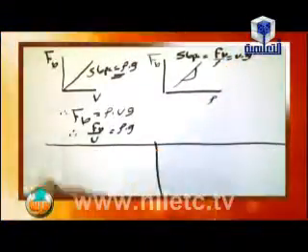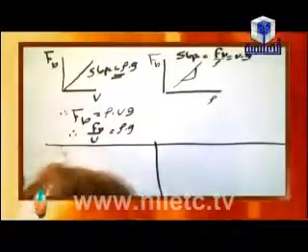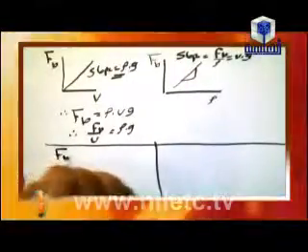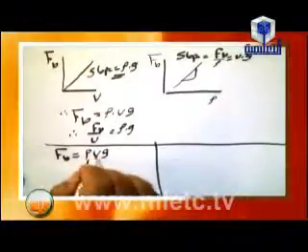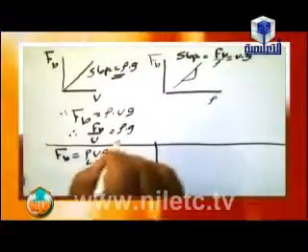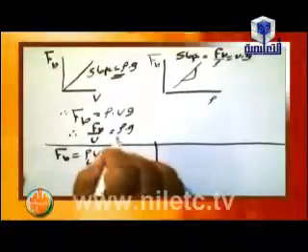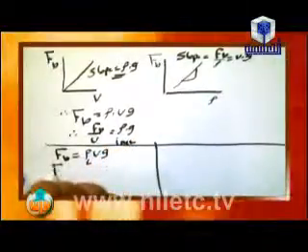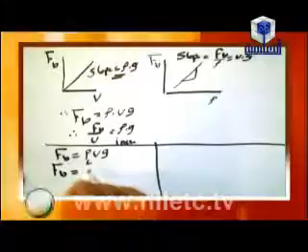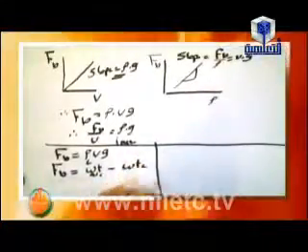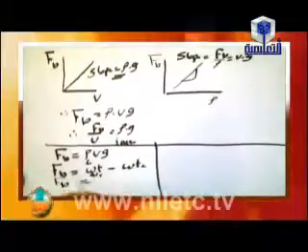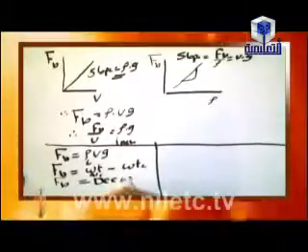We know that we have two cases in Archimedes. When a body is wholly immersed, FB equals rho liquid times V of the body times G, or FB equals the weight of the body in air minus its weight in liquid, or FB equals the decrease in weight.